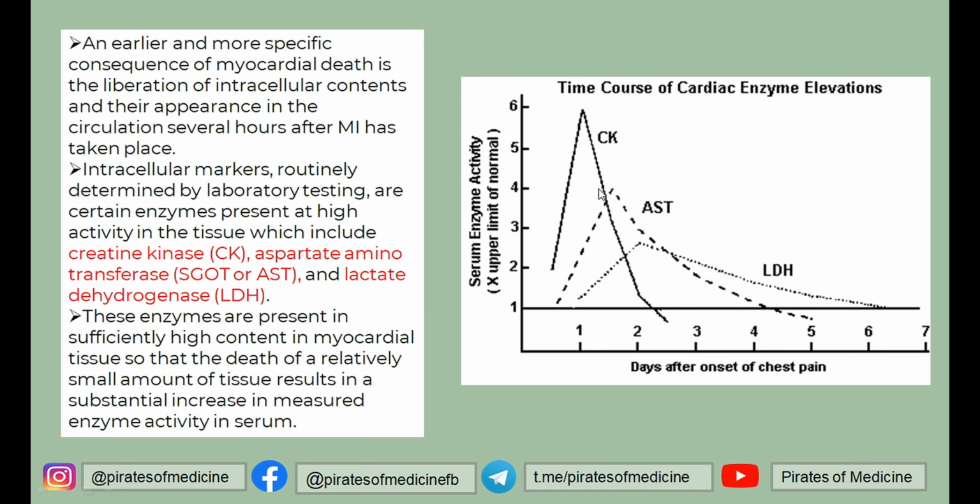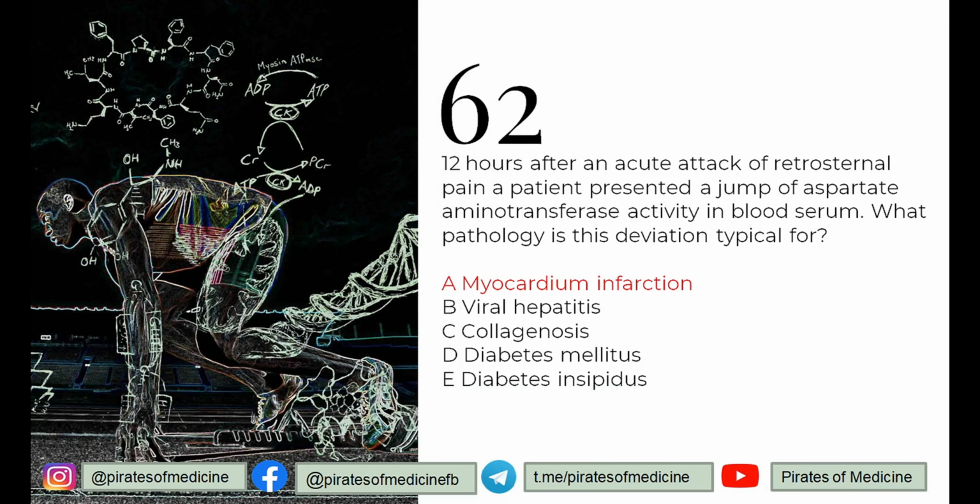The first enzyme to get elevated is creatine kinase, the MB isoenzyme form, then aspartate aminotransferase, and then lactate dehydrogenase, first and second forms. These cardiac enzyme elevations show that the heart tissue is injured, and that is why they can act as markers for a myocardial infarction attack. That is why the answer over here is myocardial infarction.